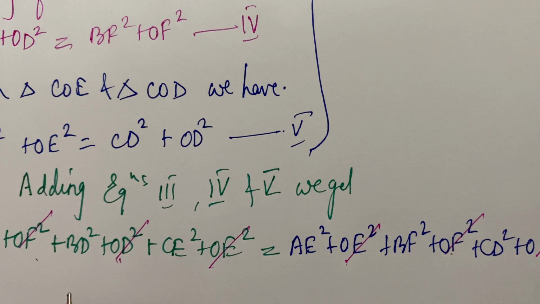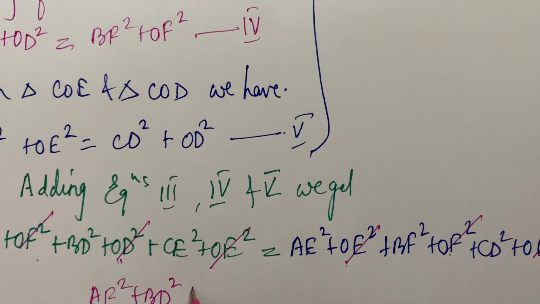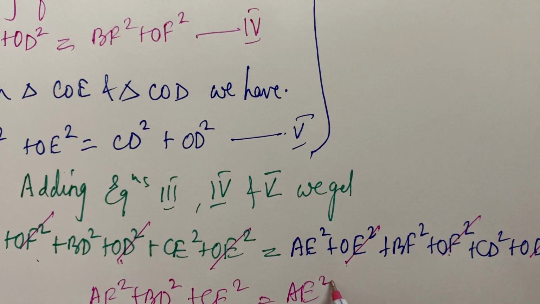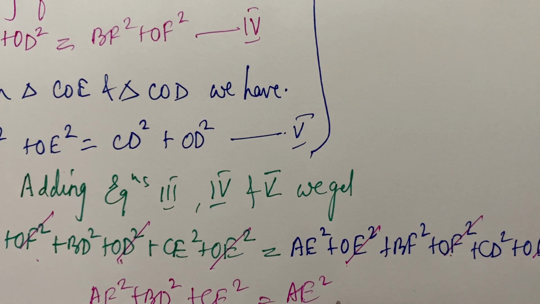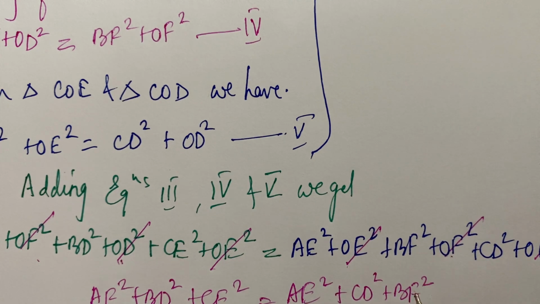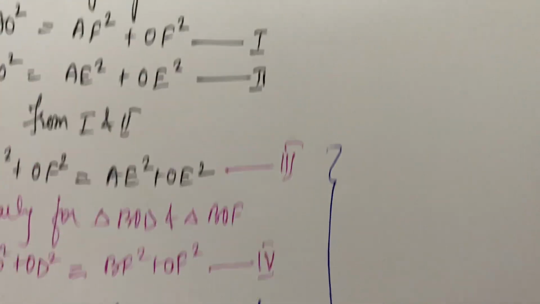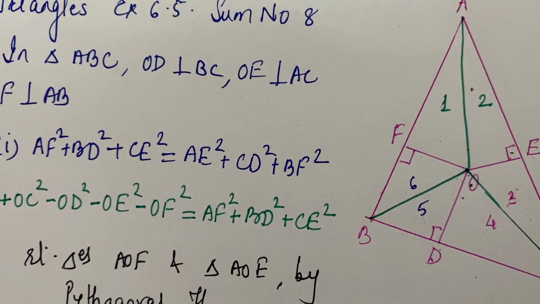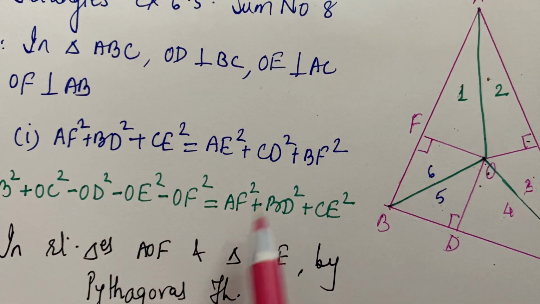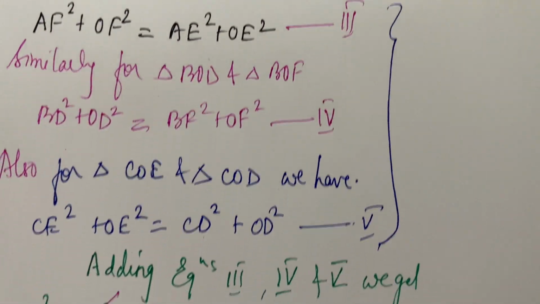So you are left out with AF square plus BD square plus CE square is equal to AE square plus CD square plus BF square. And this is what you had to prove first. Getting that? This is what you had to prove.